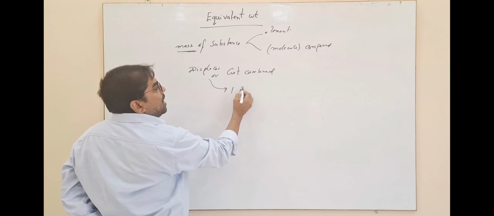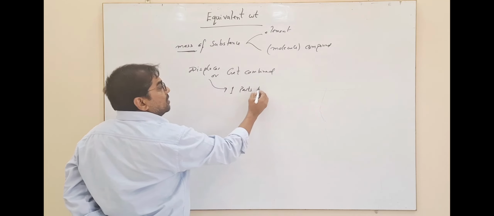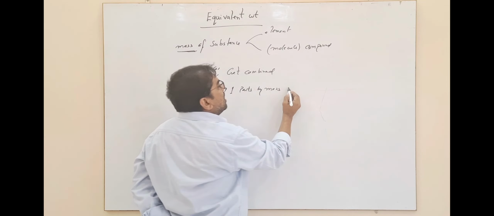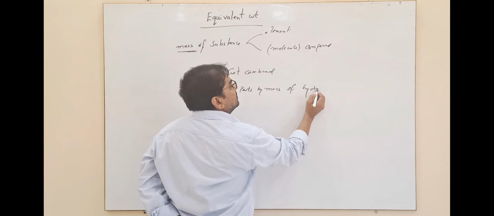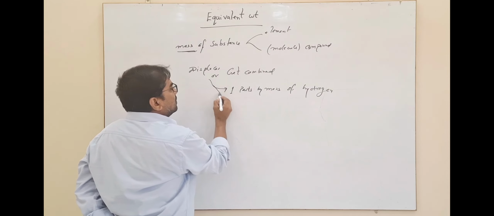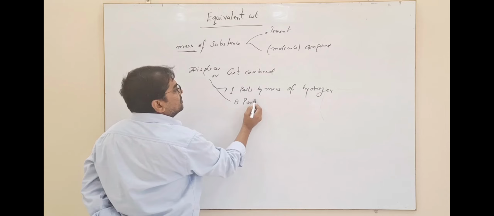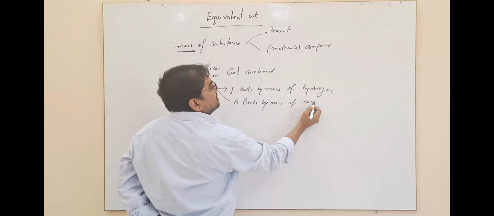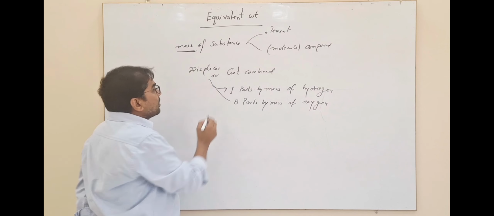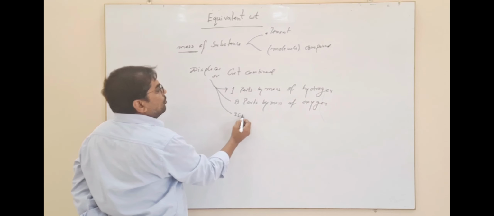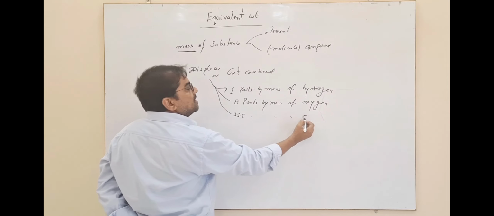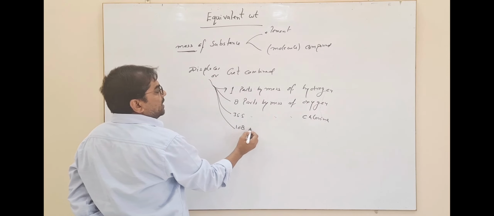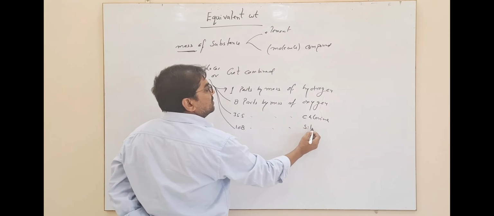One part by mass of hydrogen, or 8 parts by mass of oxygen, or 35.5 parts by mass of chlorine, or 108 parts by mass of silver.